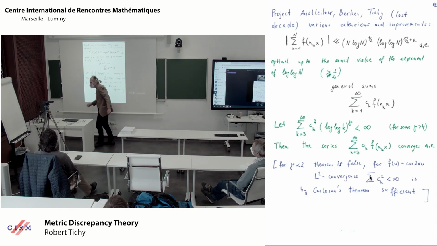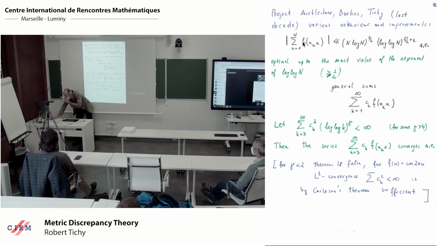And for instance, we could achieve a result for arbitrary functions f instead of the cosine functions. You see the power of the log is 1/2, which is better than the 3/2 of Roger Baker. But of course, we are assuming lacunarity.